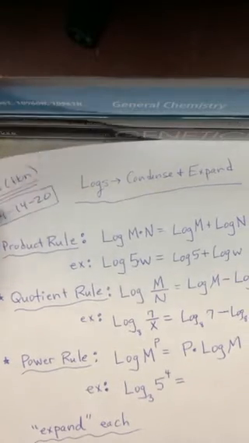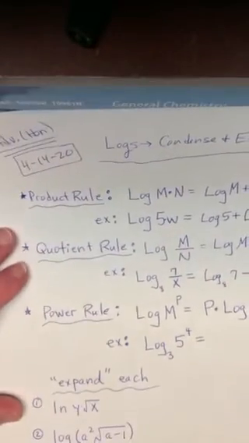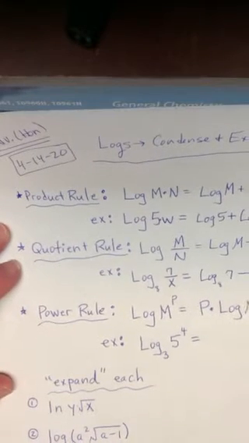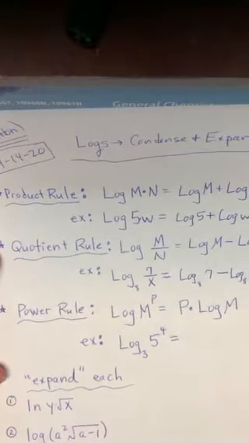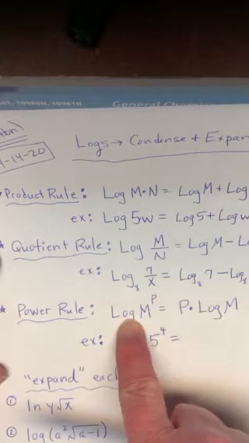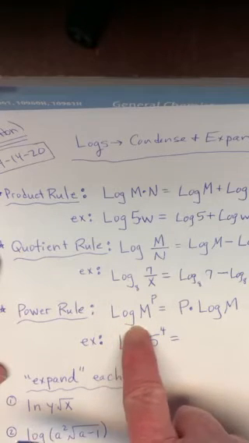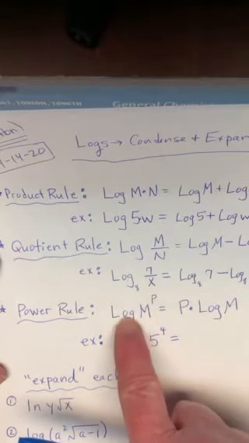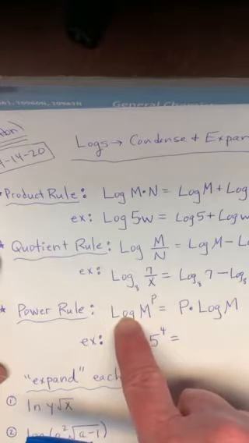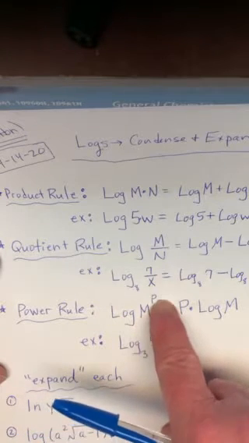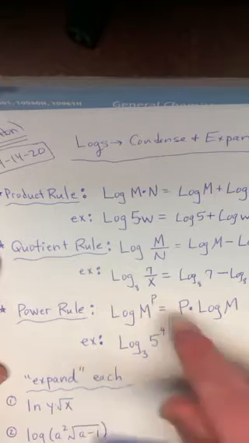Finally, the last rule that we've got for logarithms, the third one, is called the power rule. And it simply says this. If I ever have a logarithm, again, the base is irrelevant. It can be any base that you want. If I ever have the log of m raised to the p power, oh, guess what?